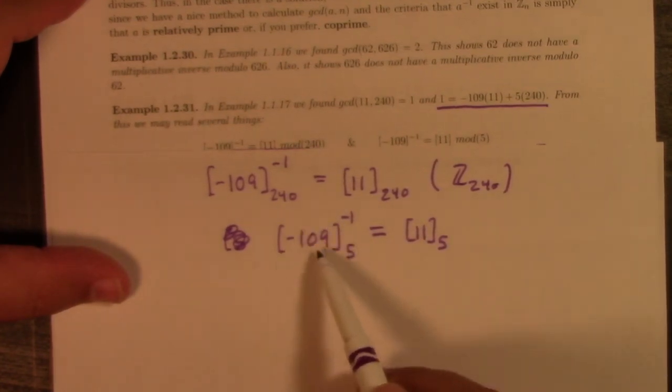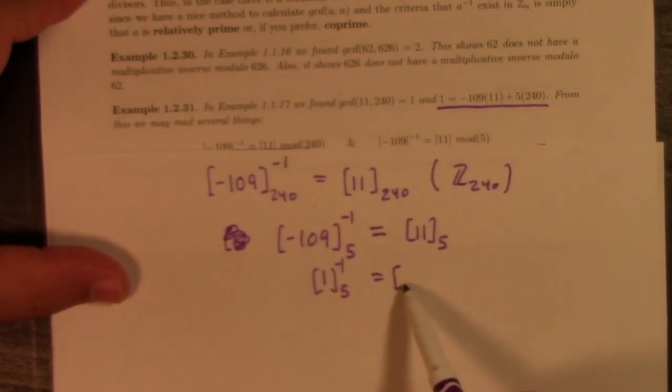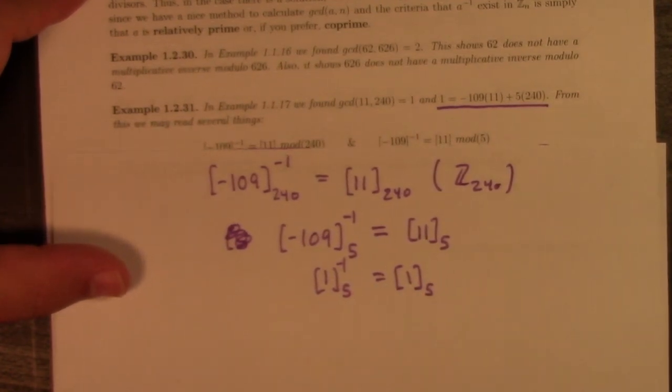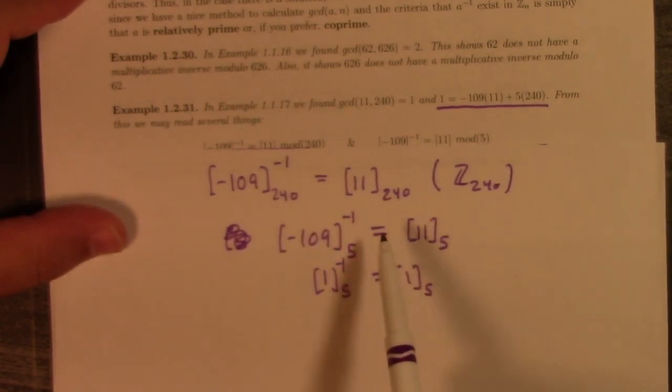If you add 110 to this, what do you get? You get 1. 1 inverse mod 5 is 1, so 1 is its own inverse mod 5. Well, of course 1 is its own inverse mod anything, so this is not a particularly exciting result.